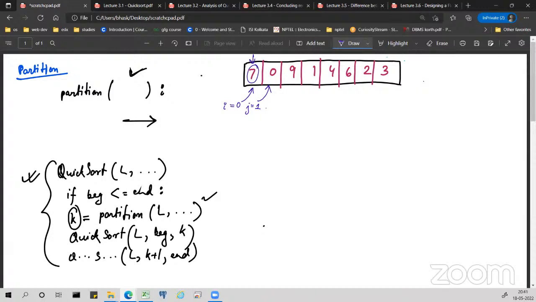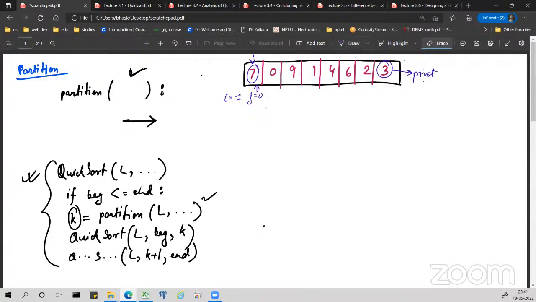But if I consider some other pivot, let's say I consider the last element as the pivot, right? Then again, we would go back to the previous case where I was at -1 and j was at 0. Okay, considering this is the pivot.